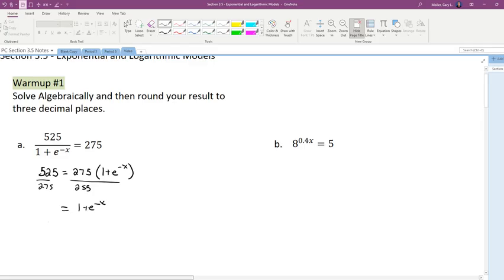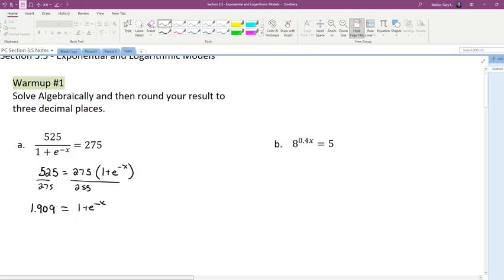And then I could reduce it, but I'm heading for a calculator anyway, so let's just do it. 525 divided by 275 is a pretty ugly number, 1.909 repeating. So I'm going to write it down as 1.909, but I'm going to make sure that I leave it in my calculator and use that number as I continue to do the work.